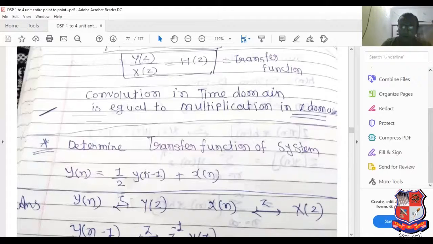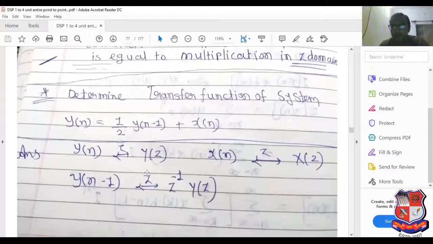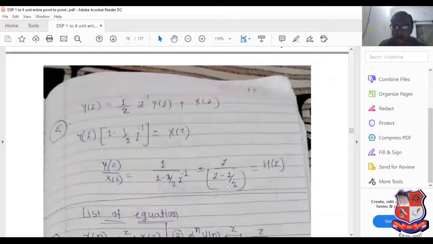Now determine the transfer function. This is the most important topic related to MCQ. Determine the transfer function of the given system response y of n equal to 1 by 2 y of n minus 1 plus x of n. What is the z transform of y of n? Y of z. What is the z transform of x of n? X of z. So y of n minus 1 becomes z inverse Y of z.